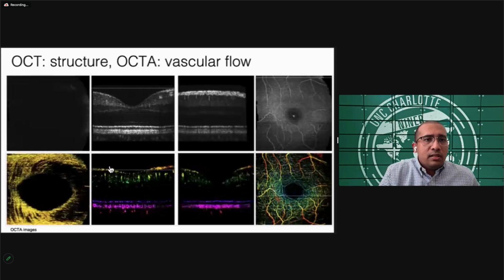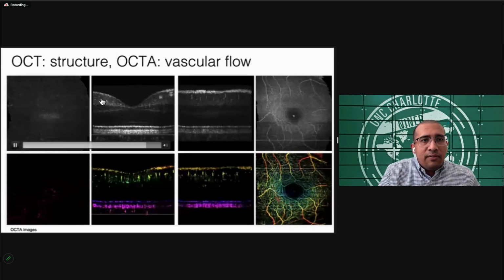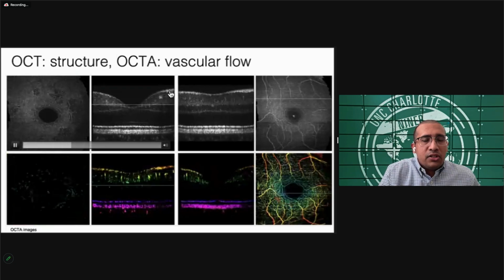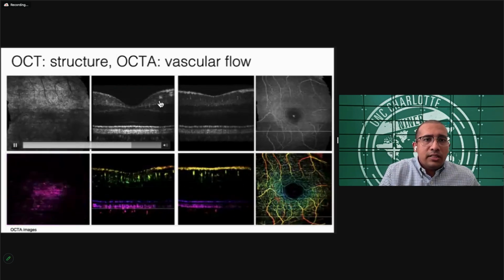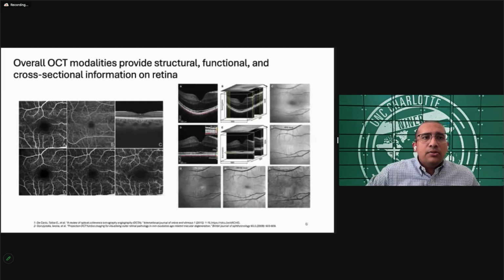So this is captured in devices in our lab where we can see the vasculature and retinal structures in cross section, and also a 2D projection. So overall, these OCT modalities provide structural, functional, cross-sectional information on the retina. And we can see here high resolution vasculature. If there's a vessel dropout, then we can see the onset of the diseases in these imaging modalities.